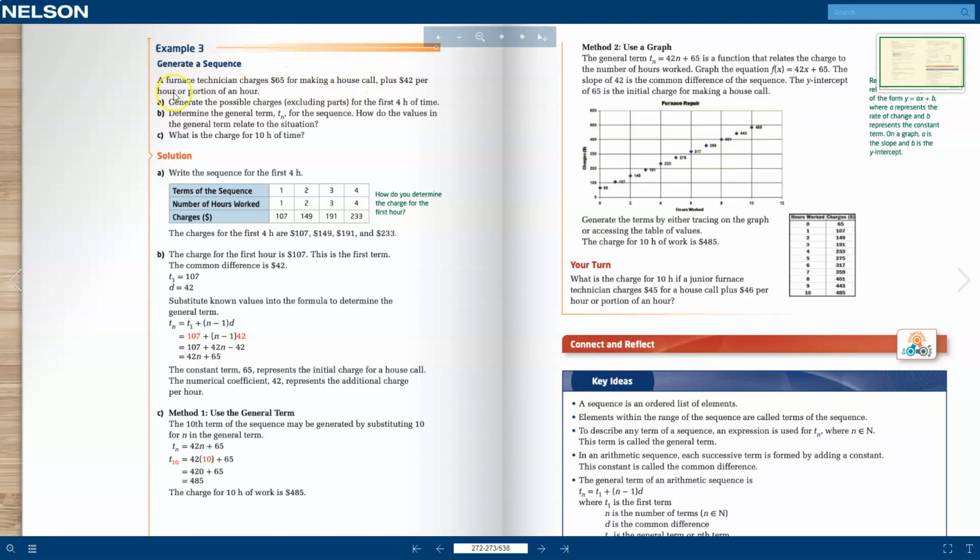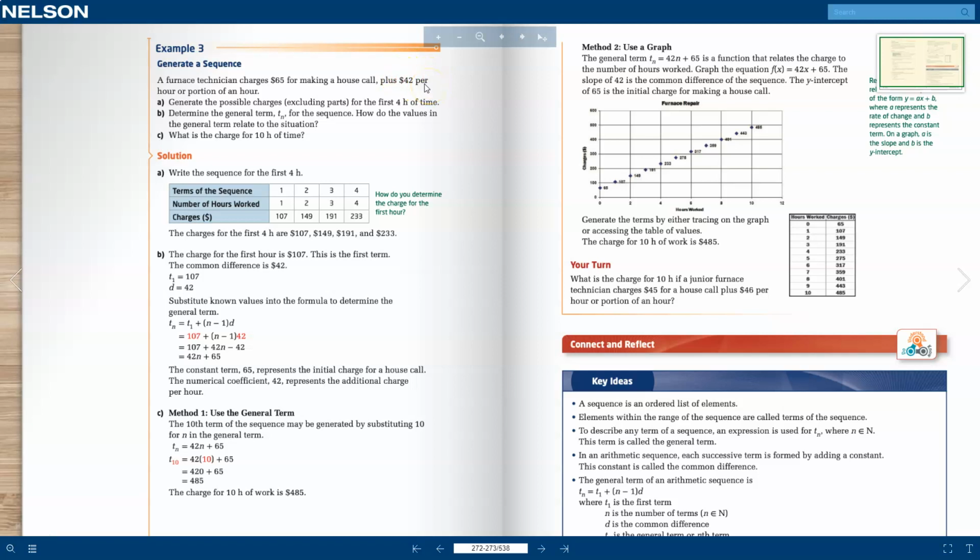So generate the possible charges, excluding parts, for the first 4 hours. Here we can see this is going to be an arithmetic sequence as well, because it starts at 65, but then after that, every hour goes up by a constant difference. The constant difference is 42. So here D is equal to 42, right?